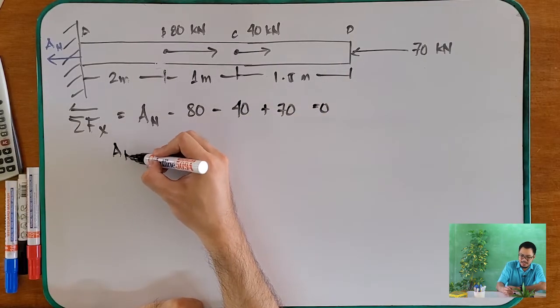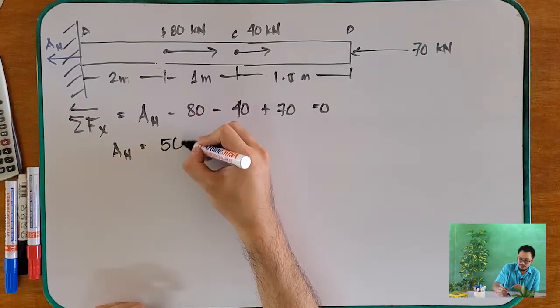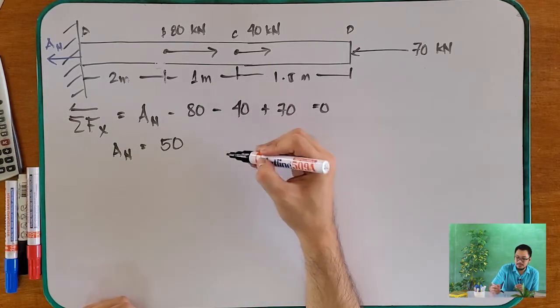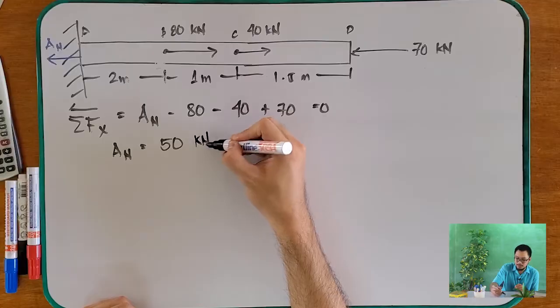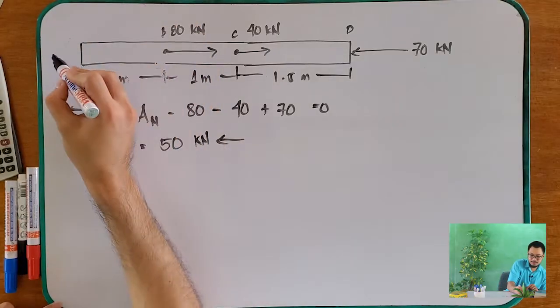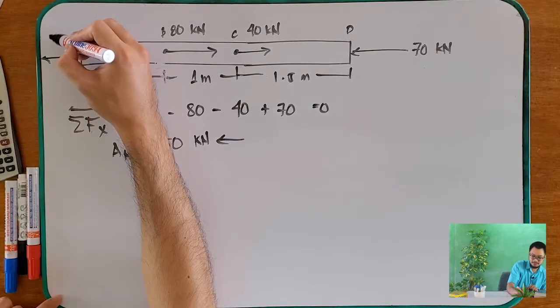So your AN here is 50 kilonewtons. And therefore, our assumption is correct, it is going to the left. Okay? So that is our AN. If we redraw our cantilever, it is 50.